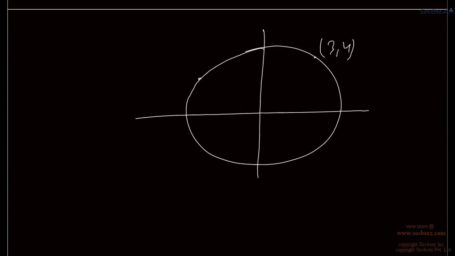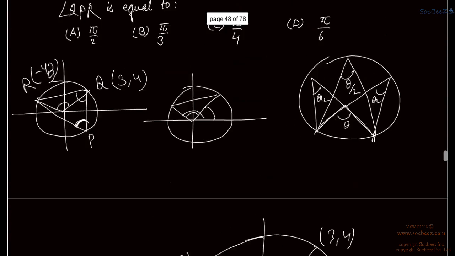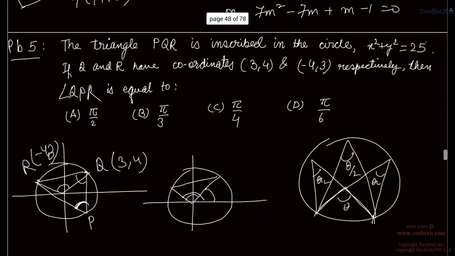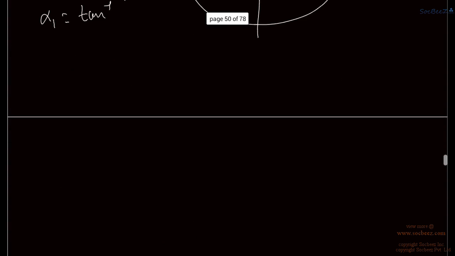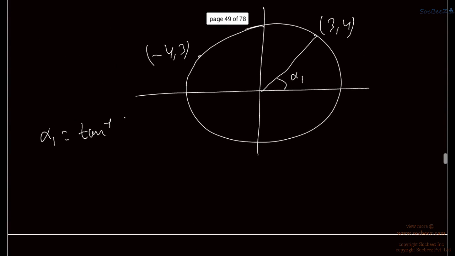Say there is a point (3, 4) and there is a point (-4, 3). So this angle, say this is alpha 1. Alpha 1 can be written as tan inverse 4 by 3.